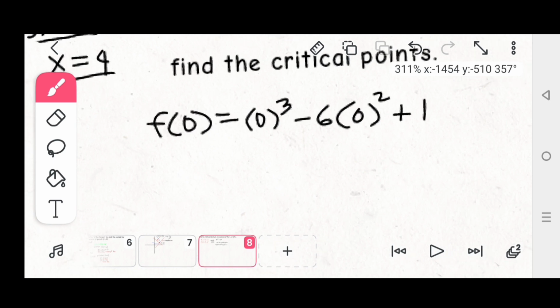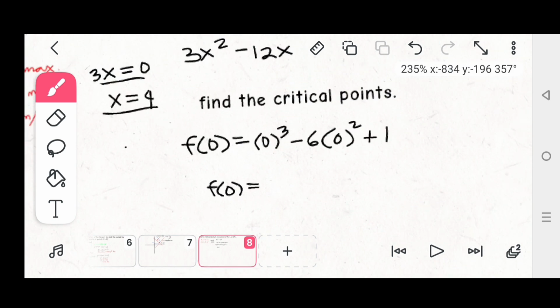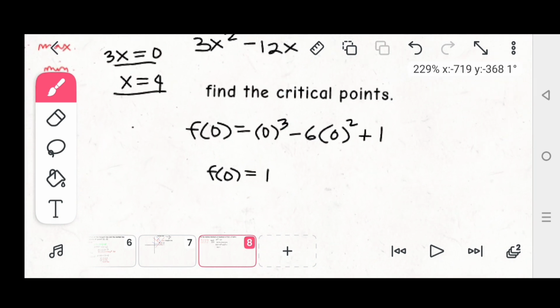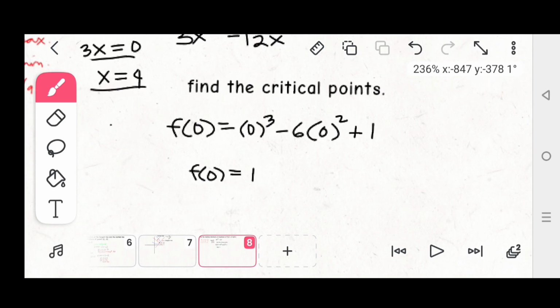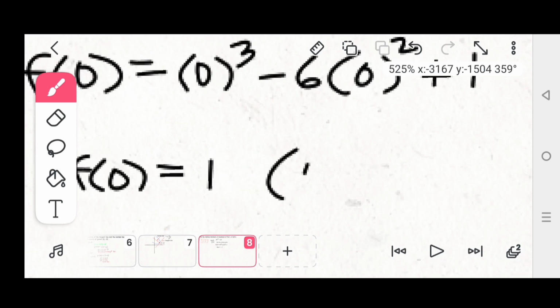Then put it in a calculator, which is just equal to 1. So this means the value of y is equal to 1.